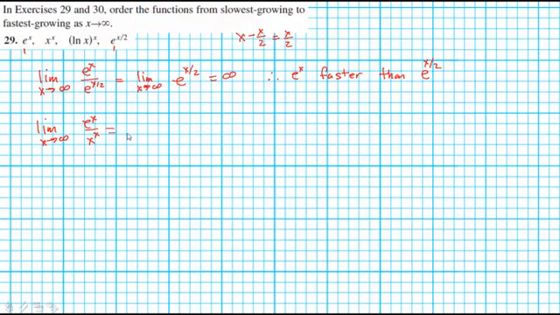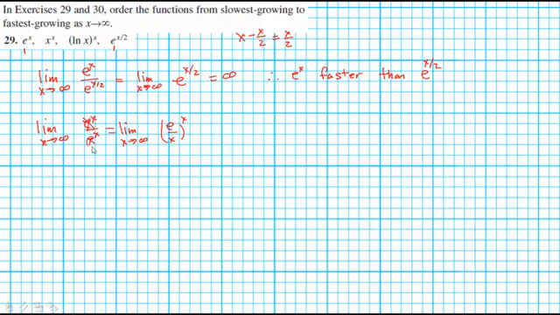Now, this seems to me like this could be rewritten as the limit as x goes to infinity of e to the x to the x. I'm going to choose to flip this around.